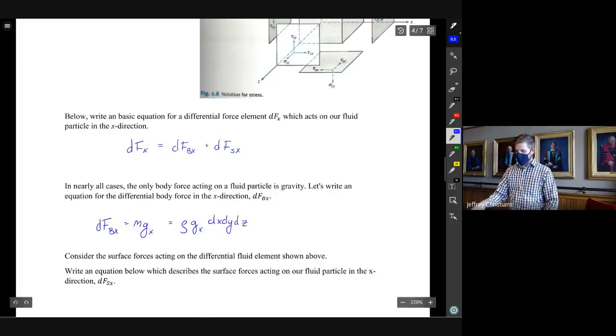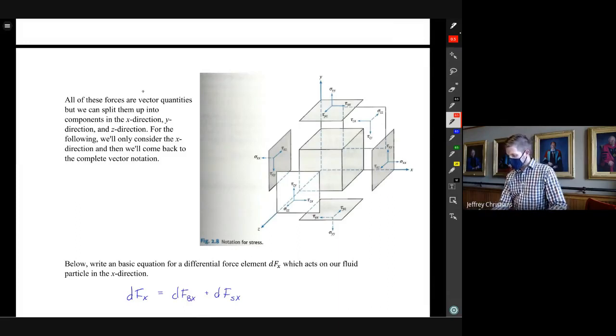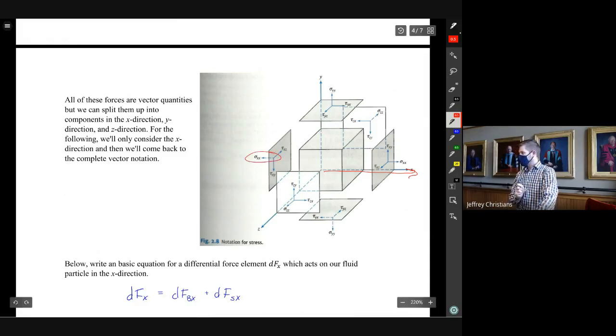Surface forces is where things get a little bit hairier, because we want to find all of the surface forces that are acting in the x direction. So let's circle and look at what those could be. This one's acting in the x direction, that's a normal stress.